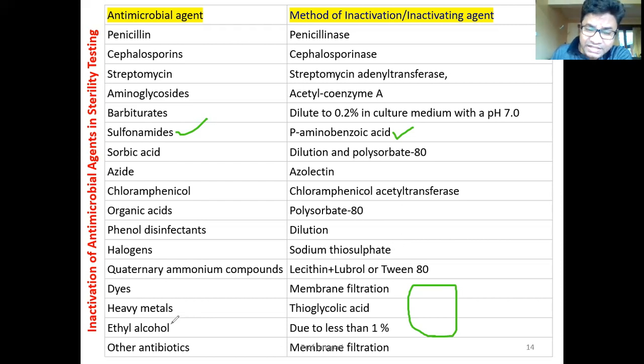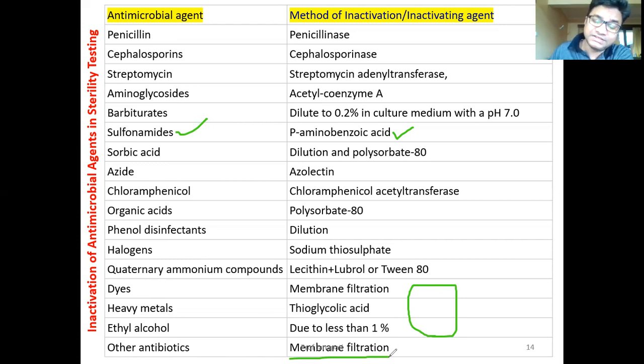If it has alcohol, you can dilute it so the alcohol concentration is less than 1%. If there are other antibiotics, you can filter by membrane filter, so all the antibiotics will stay up and only the pure preparation will come in.